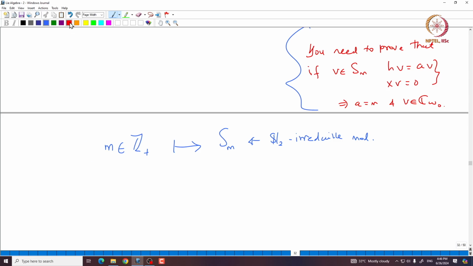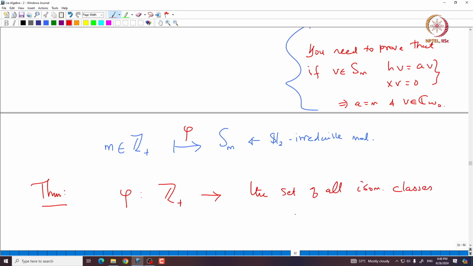So, our main theorem, let me state it here. This map, call it phi, is from Z plus to the set of all isomorphism classes of finite dimensional irreducible sl2 representations.